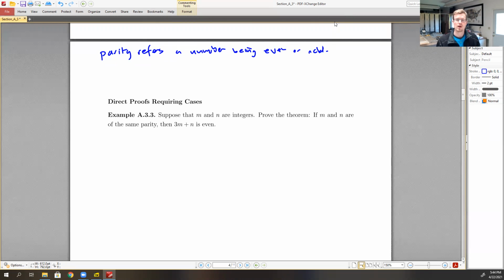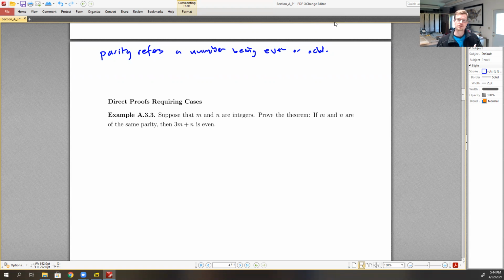Okay, so when m and n are both even, then 3m plus n is even. Also, when m and n are odd, then 3m plus n is even. So we get two cases, right: either they're both even or they're both odd.